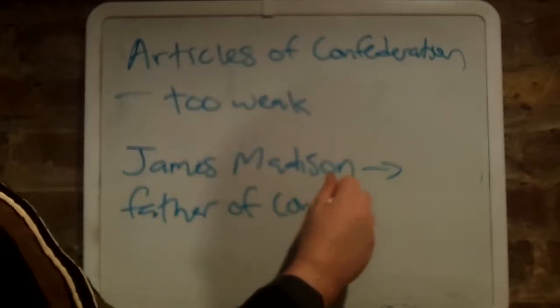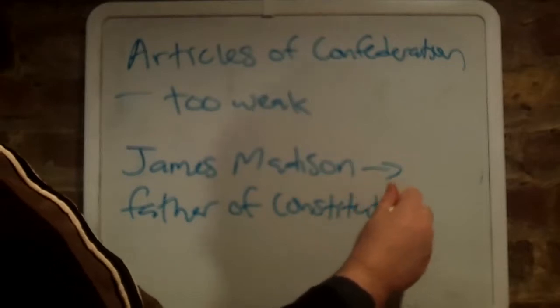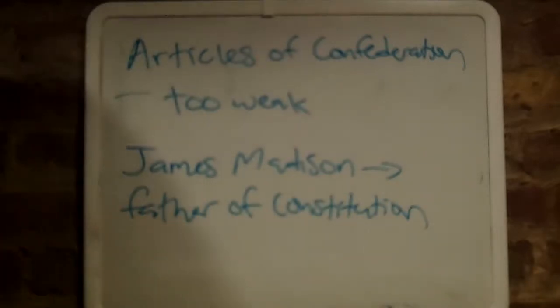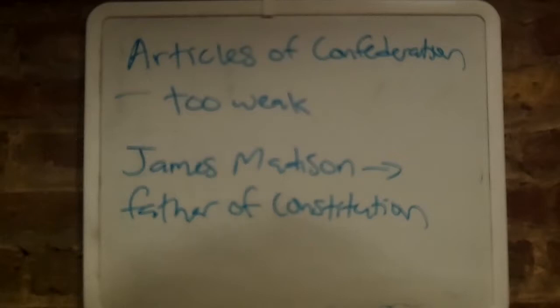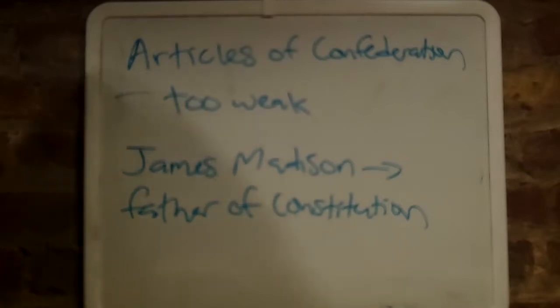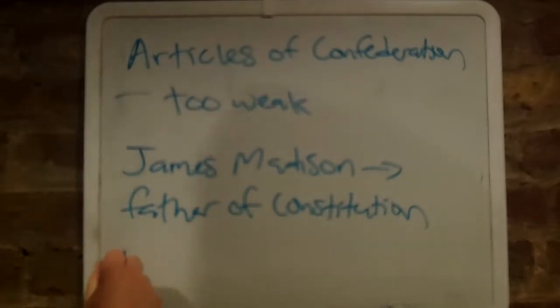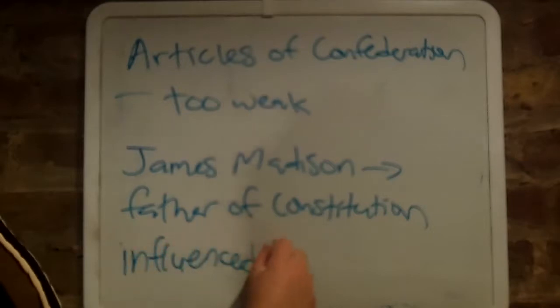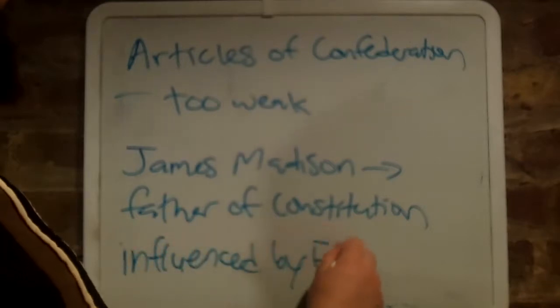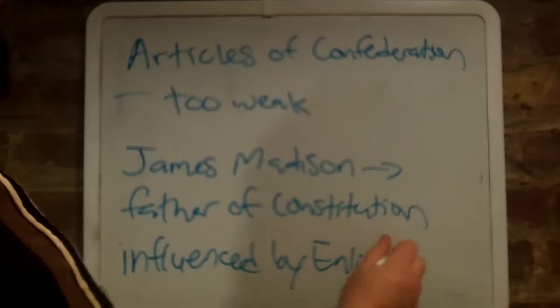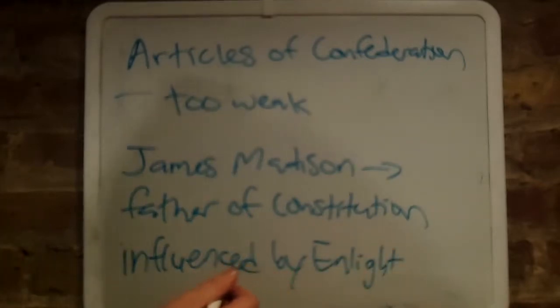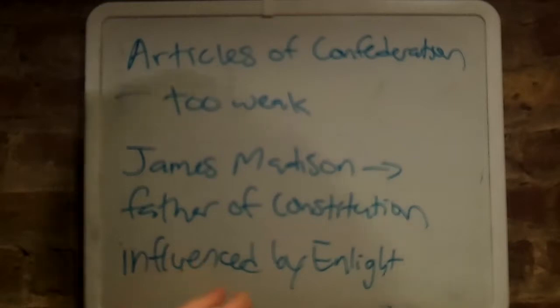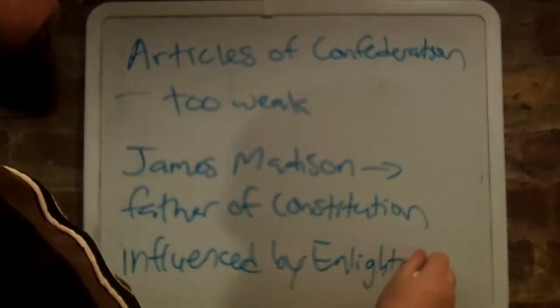And the main ideas that influenced him were ideas of the Enlightenment in Europe. And so the Enlightenment was a period in Europe that lasted from about 1600 to 1800, roughly.